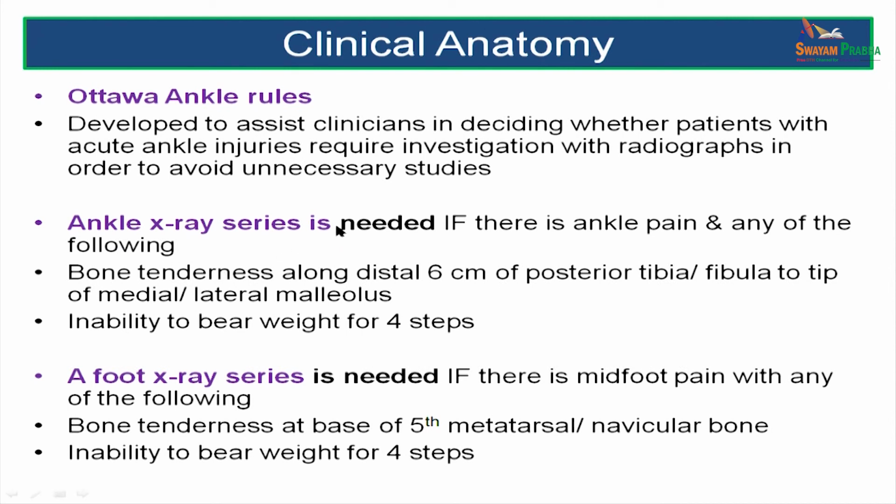An ankle X-ray series is required if there is ankle pain and any of the following: bone tenderness along the distal 6 centimeters of the posterior tibia or fibula to the tips of the medial and lateral malleolus, or inability to bear weight for 4 steps. You need a foot X-ray series if there is mid-foot pain with any of the following: bone tenderness at the base of the 5th metatarsal or navicular, and inability to bear weight for at least 4 steps.